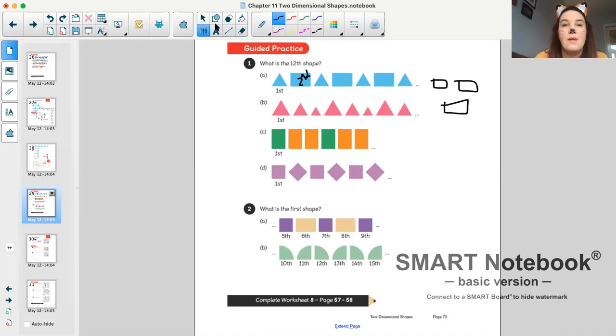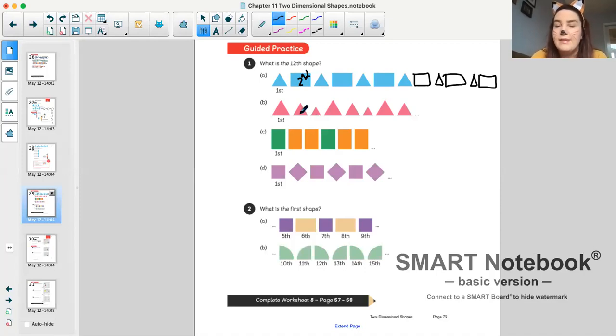So I know my 12th one would be a rectangle. Now let's double check then. So we've got 7, 8, 9, 10, 11, and 12.